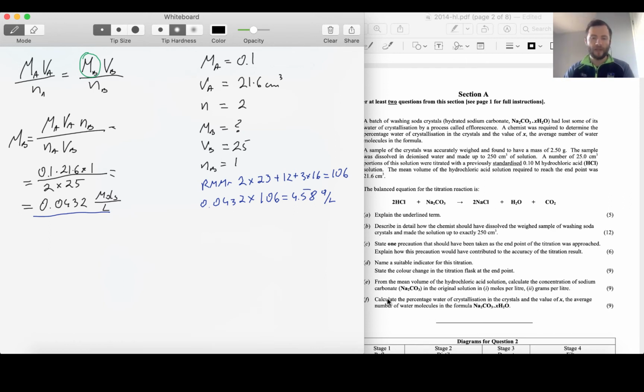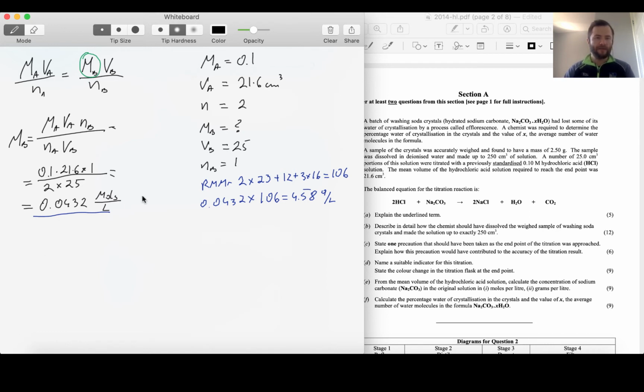Then I have to calculate the percentage of water of crystallization of the crystals and the value of X, the average number of water molecules in this formula. So what I calculated over here is the amount of moles of sodium carbonate which I would expect to find in 1 liter of this solution. I'm not really concerned with water just yet, it's just the sodium carbonate itself.